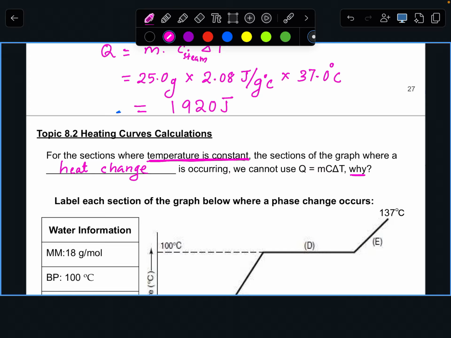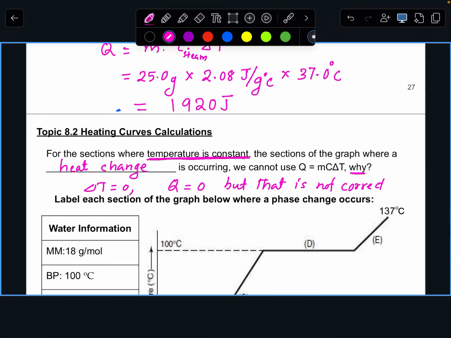Why? Because delta T is equal to 0, then you will get the answer 0 if you use that equation. You will get Q equal to 0, but that is not correct. So we have to look for other solutions, right?